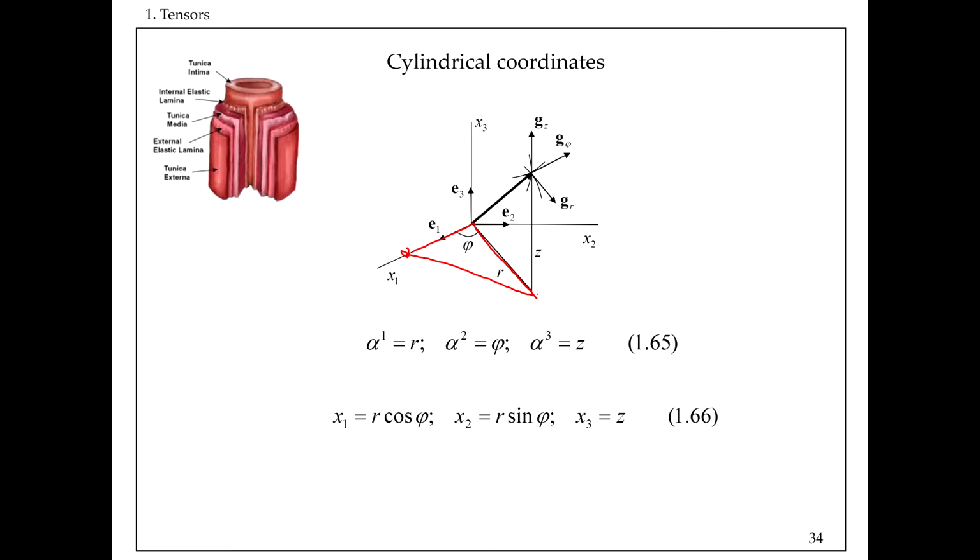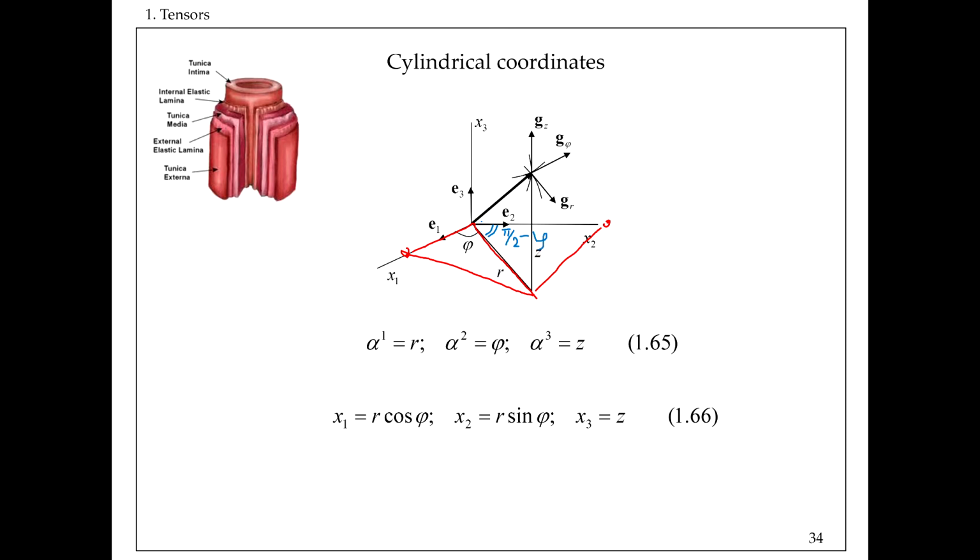In a very similar manner, if we measure x2, we need to consider a different angle, which is exactly half pi minus phi.